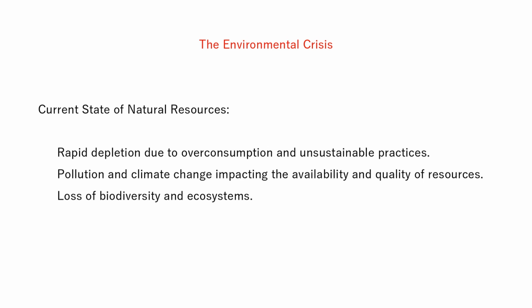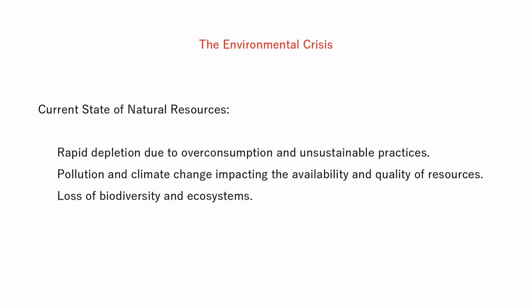How does pollution affect natural resources? Industrial waste contaminating rivers and lakes, air pollution from vehicles and factories contributing to climate change. These are examples of pollution and climate change impacting the availability and quality of resources.